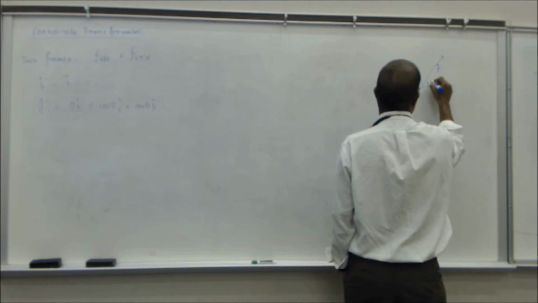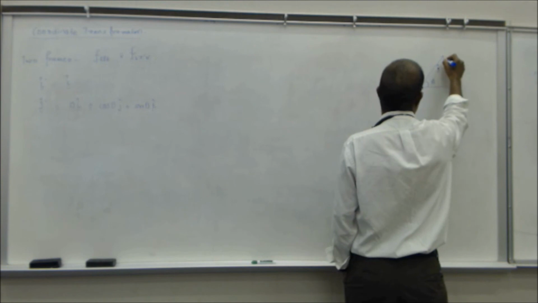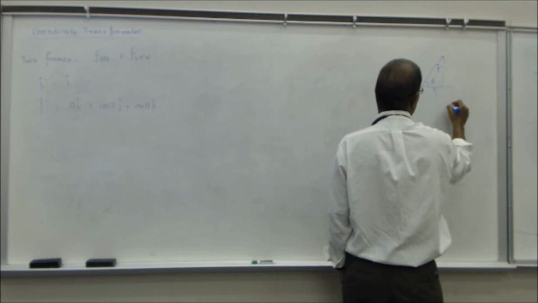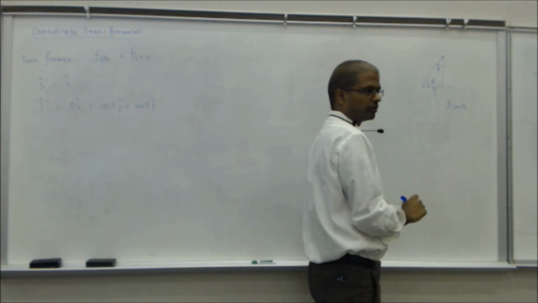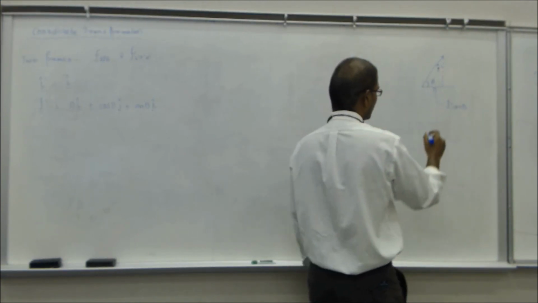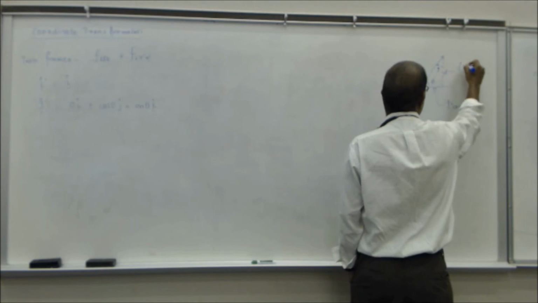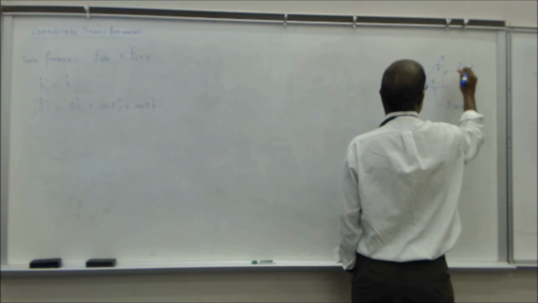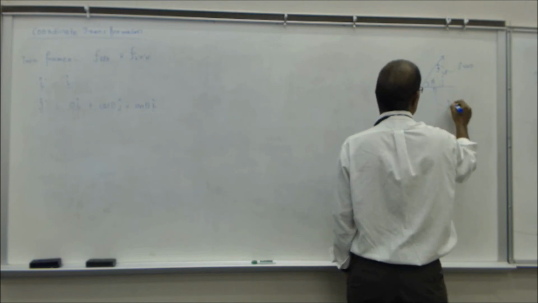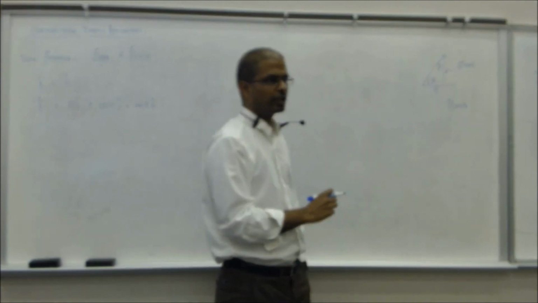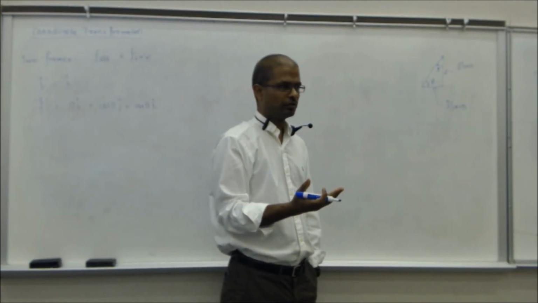So this is, let's say, phi, right? So this component is j prime cosine theta, right? And this component is j prime sine theta. You take the magnitude of this. That is very basic trigonometry, right?